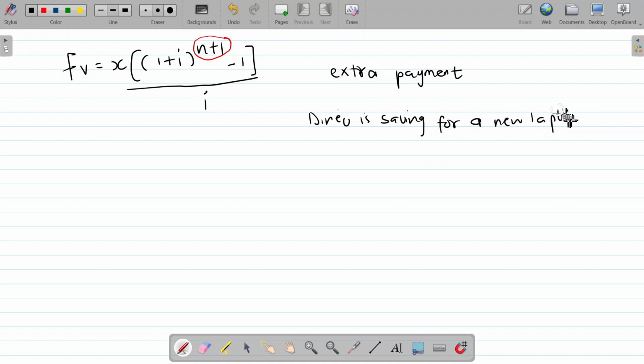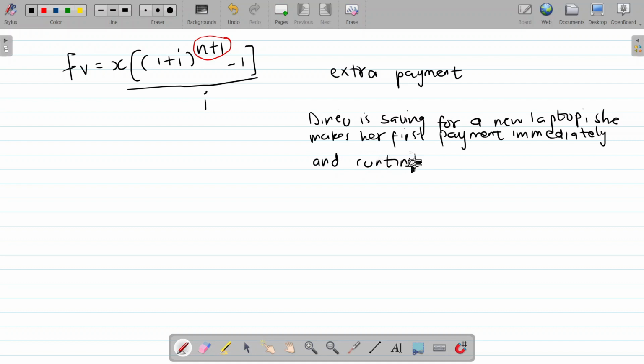This is the example. She makes her first payment immediately, and continues to make payments at the end of each month.